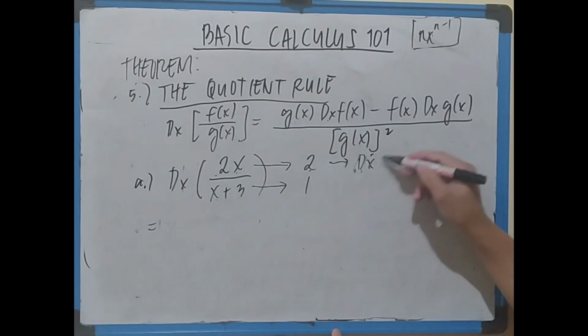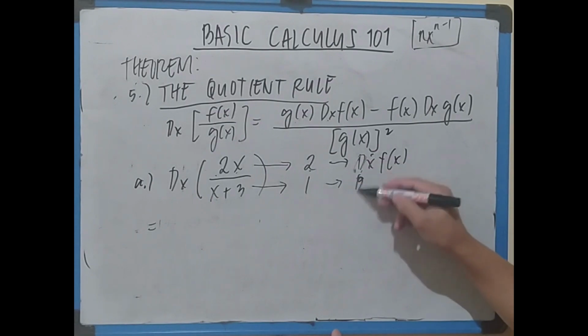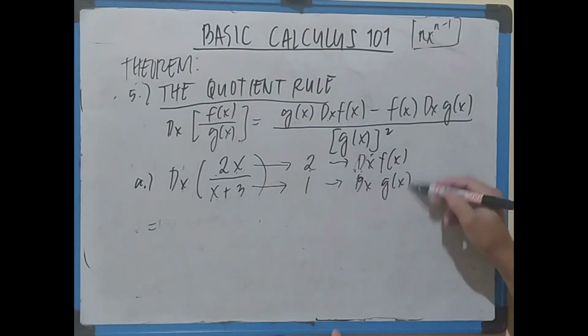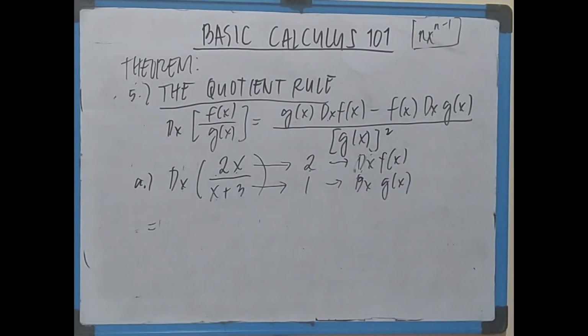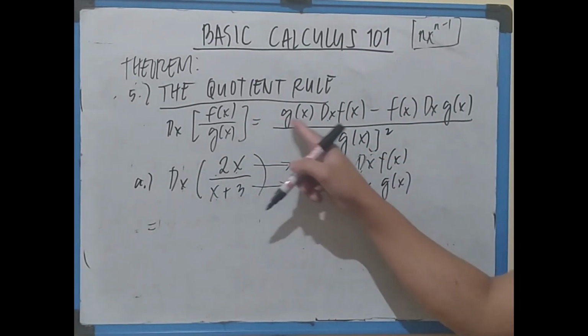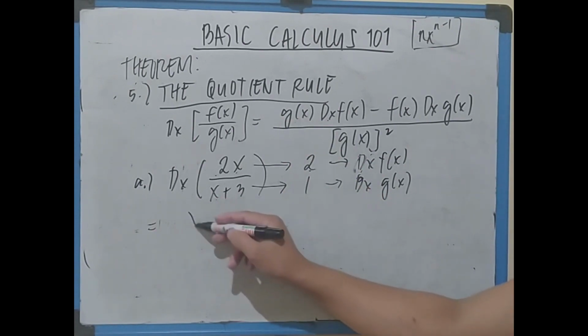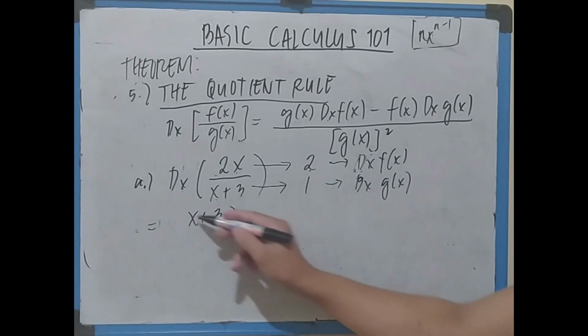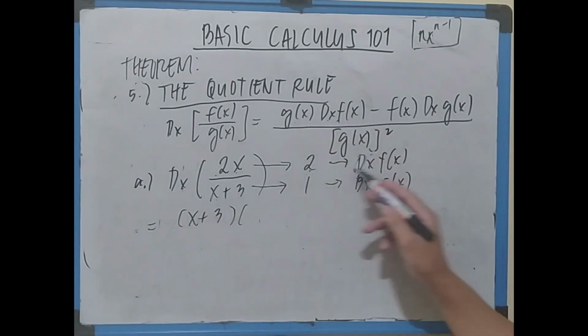So, we have now the derivative of f of x, ito. Then, this one is the derivative of g of x. Okay? So, apply lang natin sa formula. So, una, let us find the g of x. So, halimbawa, ito yung g of x natin. Lagay natin, we have x plus 3. Then, times the derivative of f of x, kunin na lang natin ito.